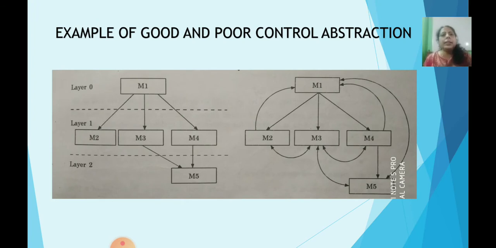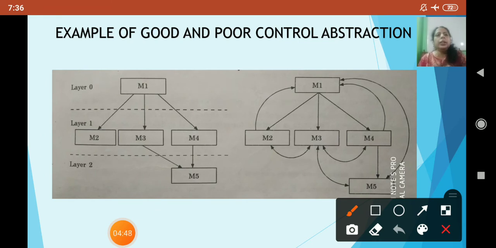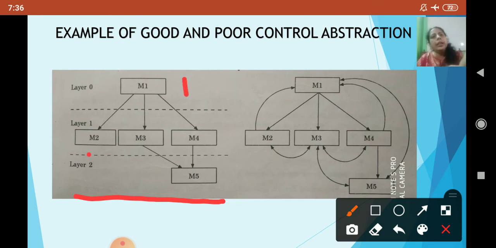This is an example of good and poor control abstraction. In the first example, we can easily understand the layers. There are three layers: layer 0, layer 1 and layer 2, and we can easily understand which module is superordinate and which is subordinate. The first module is superordinate, and in layer 1 these three are subordinate.